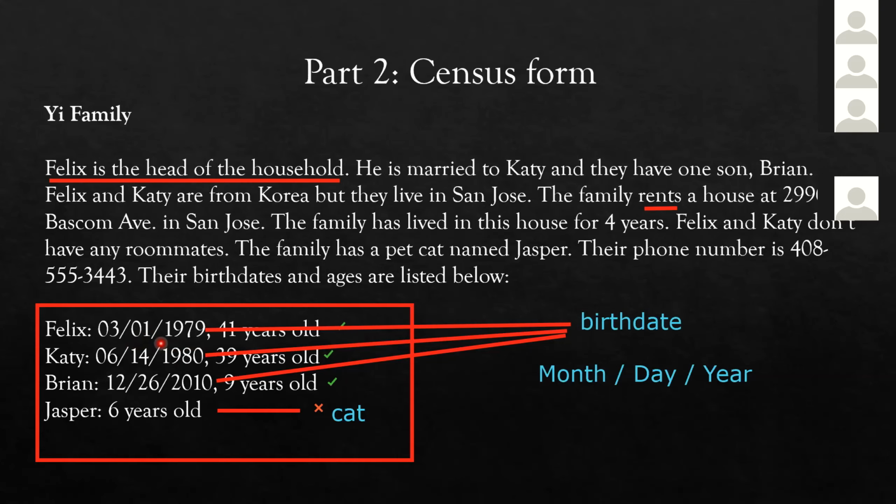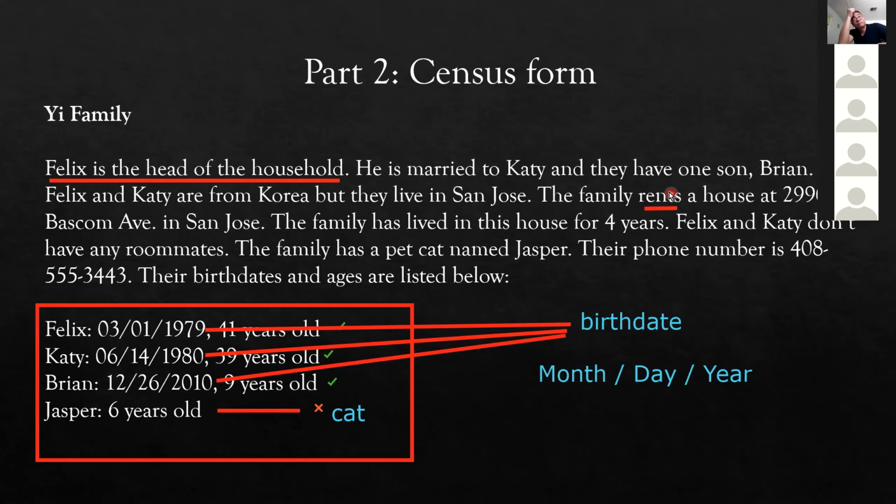This part, the census, is not speaking. This is writing. Okay? This is writing, not speaking. And they'll ask you, how many people live in the house? Does the family own or rent the house?